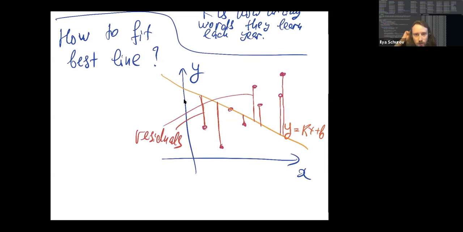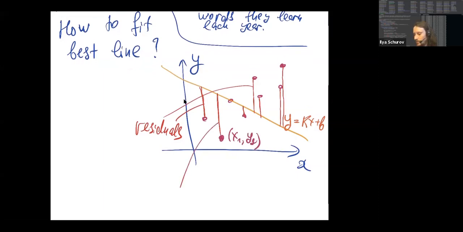In fact, it is easy to find the value of these residuals using just a formula. Let me assume that, for example, this point is point x1, y1. What can you say about this residual? What is the value of this residual?